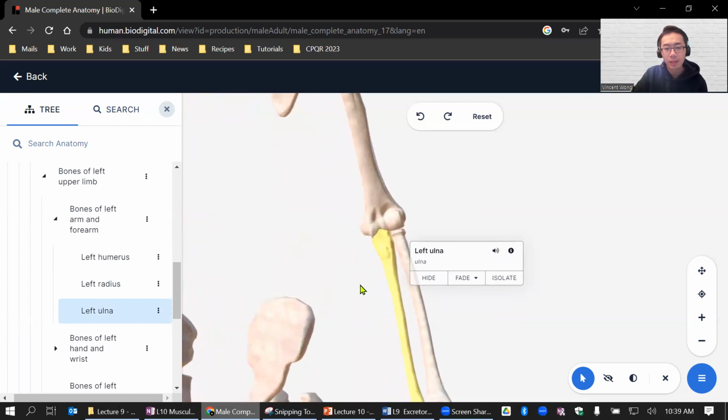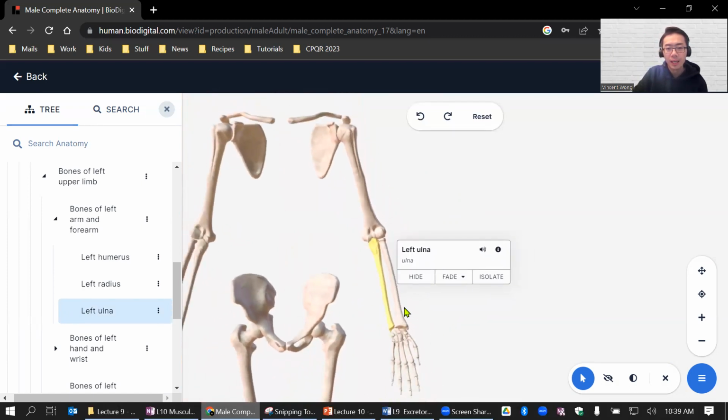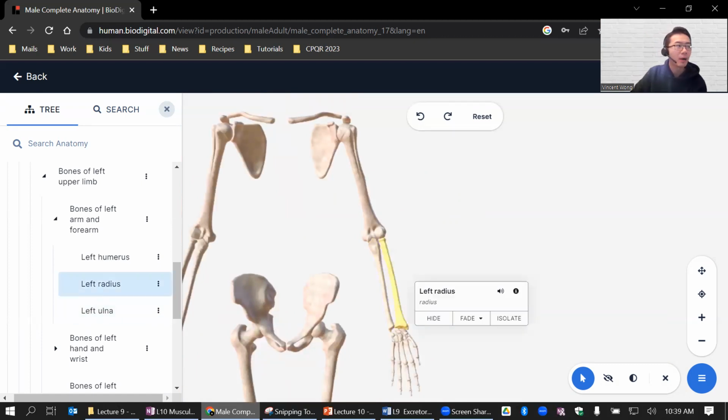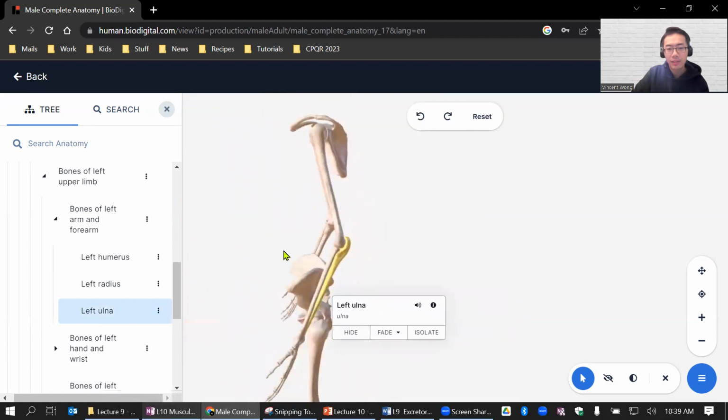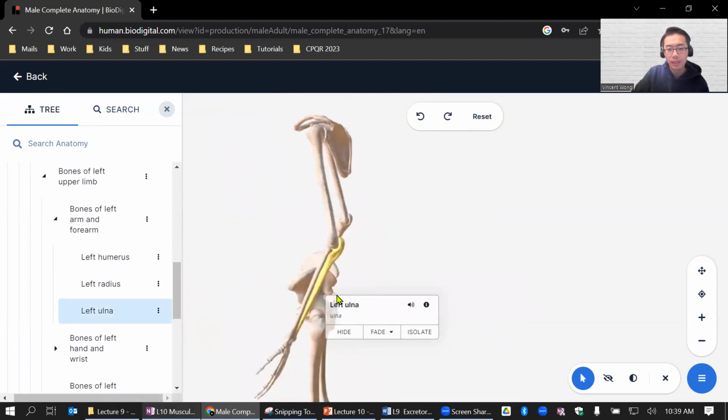If you think about the anatomical position, the forearm is made up of two bones. The radius on the outside and the ulna on the inside. And your elbow is actually part of the ulna, and it forms the hinge joint.